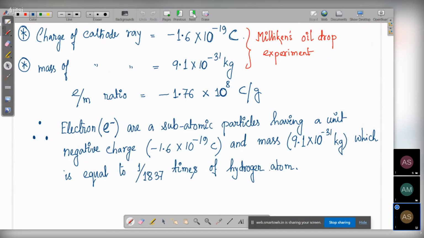This is clear, that the atom is made up of electron and proton, but how are they arranged? That is the next thing we will see. Tomorrow we'll be reading about Thomson's atomic model, which is very short, hardly 1 minute. And our main topic of discussion tomorrow will be Rutherford's model.